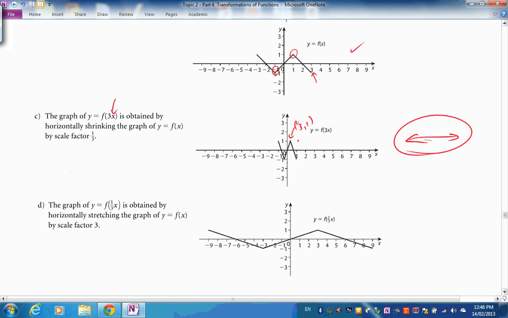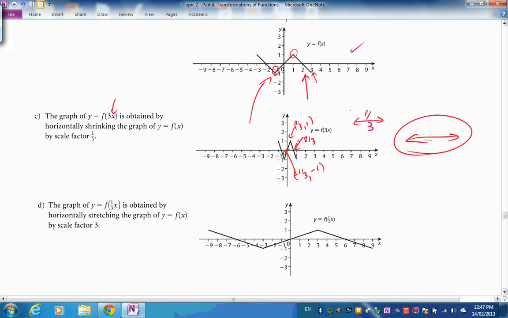So here it was neg 1, 1. If we go back up here and look at the parent, neg 1 gave neg 1. Now an x value of only neg a third gives neg 1. So we've got to compress it this way by a third. So where it cut the x-axis at 2, go back up here, that's the original parent function, it now cuts the x-axis at 2/3.